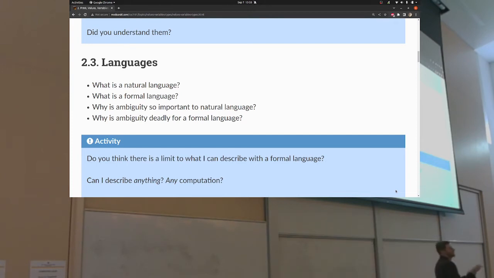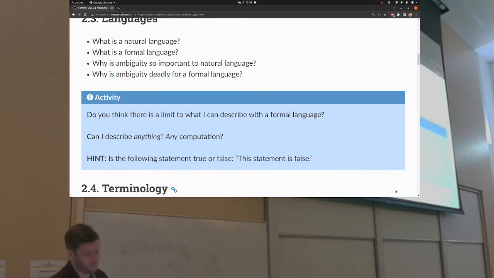Stuff like that's kind of funny. That happens with English all the time. If something like that happened in a programming language where there was ambiguity, you're going to run into trouble. Because the computer wants to do exactly what you tell it, and if there's ambiguity, we've got an issue. So in formal languages, we can't have ambiguity like that. And it's really bad for formal languages.